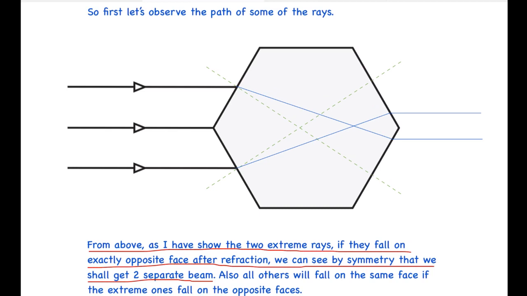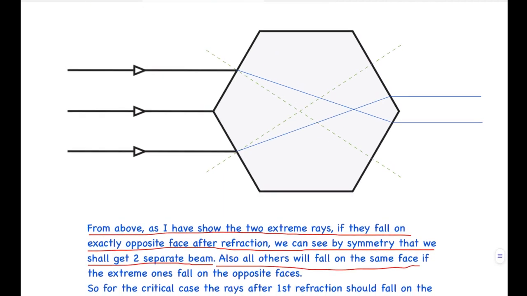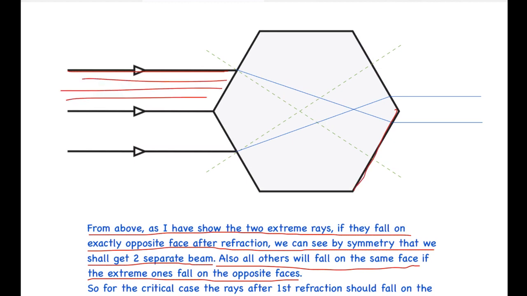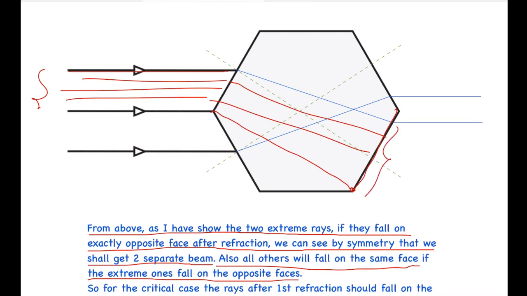Also, all other rays on the same face will fall on the opposite face if the extreme rays do. Basically, if the extreme rays after the first refraction fall on this face, all the other rays in this region will fall on this face, and they can't fall on this face because the normal at this point will go through this point, so it will be restricted to this region only.